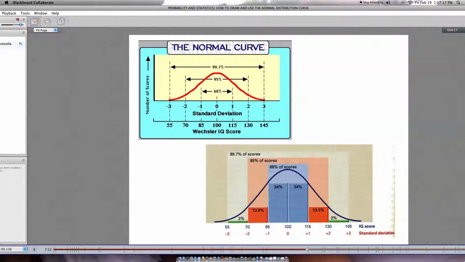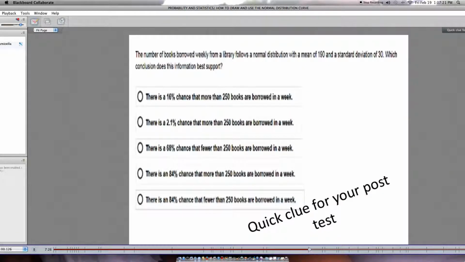So let's use this information on a test question I've seen before. The number of books borrowed from a library follow a normal distribution with a mean of 190. Bam, you already know. I'm going to draw my curve, go down the middle, and put my 190 there. And a standard deviation of 30.